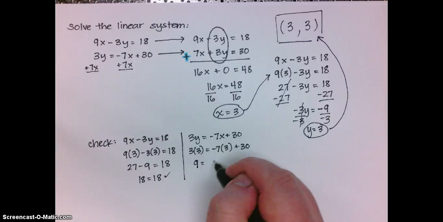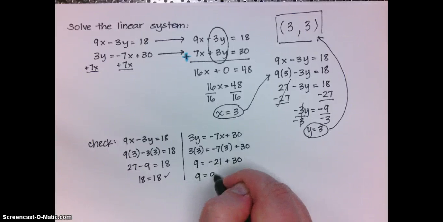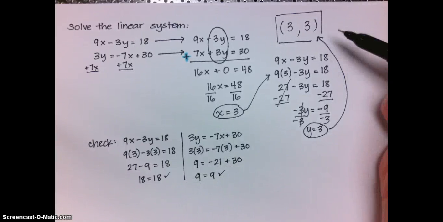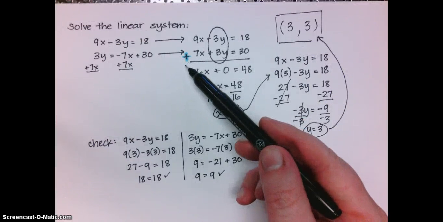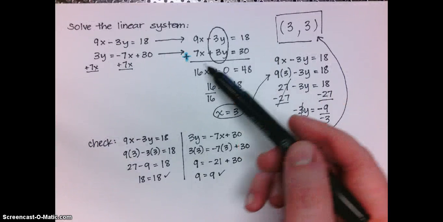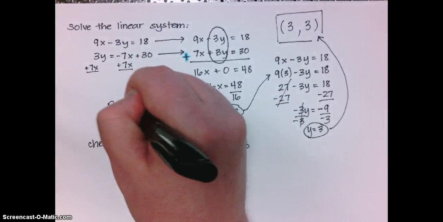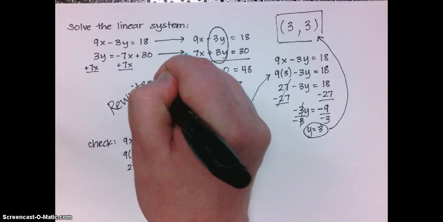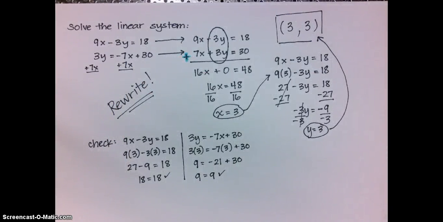The right-hand side, negative 7 times 3 is negative 21 plus 30, and that is 9 as well. So I did find my solution, and I just did it through addition. I added both of the equations, but the important thing this time was that I had to rewrite one of the equations before I was able to do any addition.